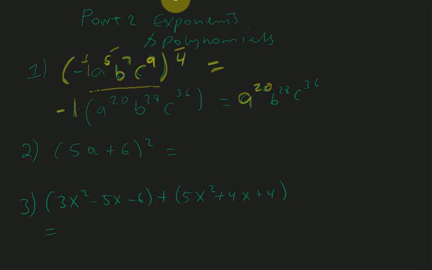And then we have b to the power of 7 times 4, we got 28. And then c 9 times 4, we got 36.